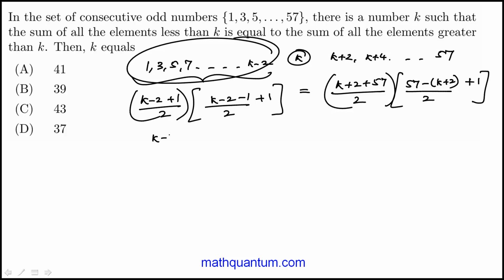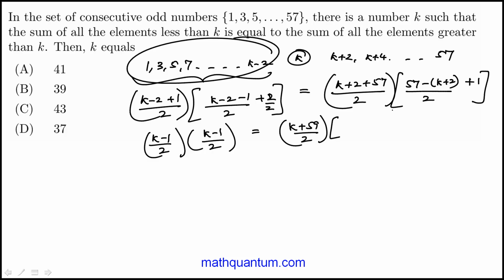So I just have to clean this up, k minus 1 over 2. This is 2 over 2, so this would become k minus 1 over 2. That becomes k plus 59 over 2. And this I can write 2 over 2, so this would be 57 minus k, and then over 2. These would drop out, and that's the equation.